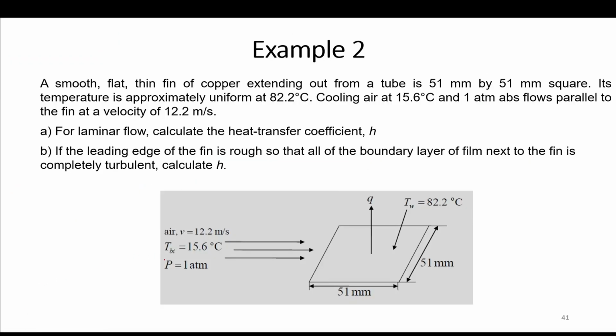Now let's look at this example 2. A smooth, flat, thin fin of copper extends out from a tube. The dimension is 51 millimeter width and 51 millimeter square. Its temperature is approximately uniform at 82.2 degrees Celsius.